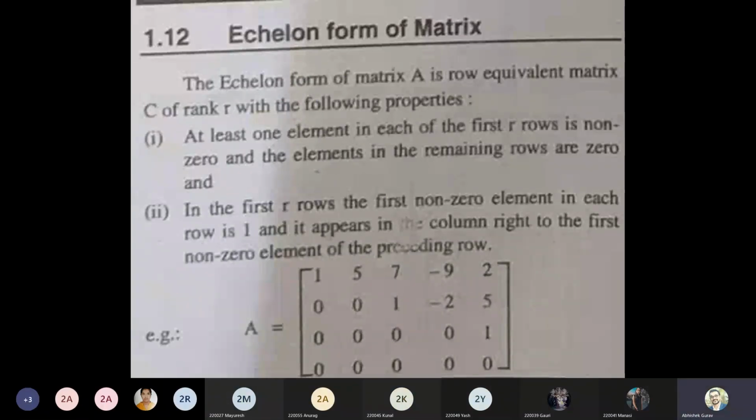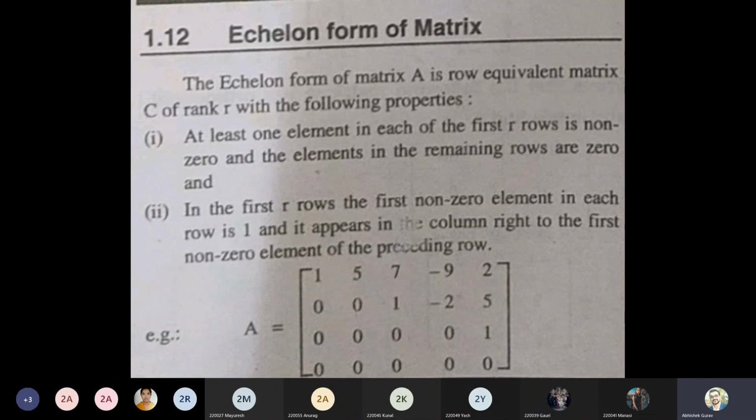The echelon form of the matrix A is a row equivalent matrix C of rank R with the following properties. At least one element in each of the first R rows is non-zero, and the elements in the remaining rows are zeros.